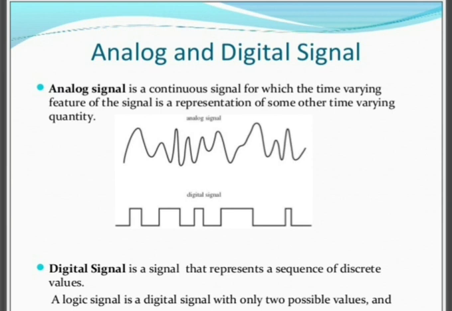And the discrete time signal is abbreviated as DT signal. It is also called a digitalized signal. The DT signal has amplitude value only at discrete instants of time. So it is the signal which is defined and represented only at certain instants of time.